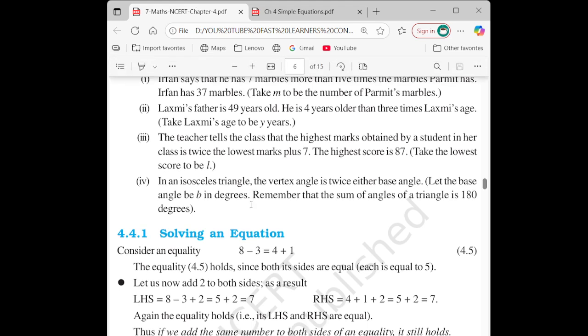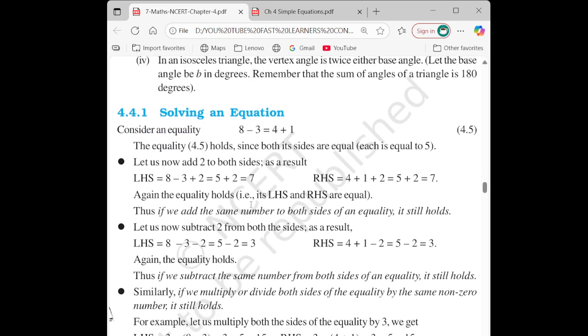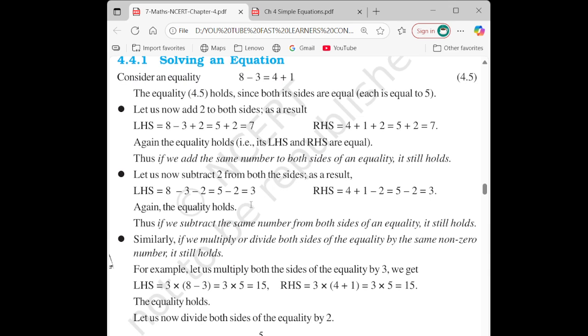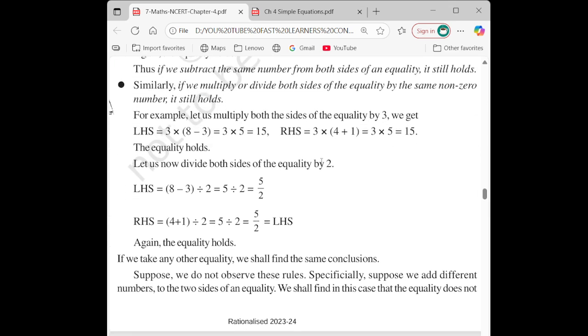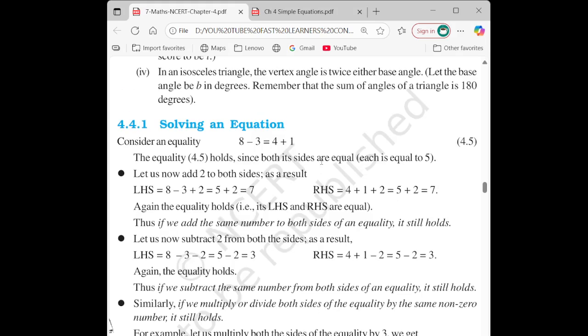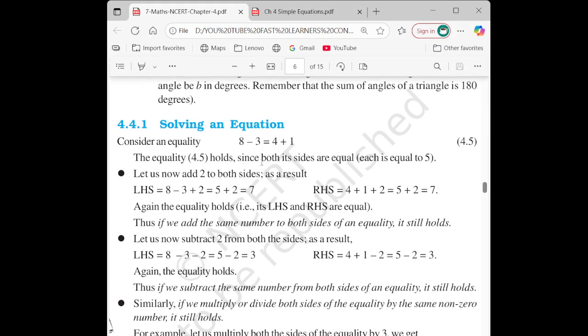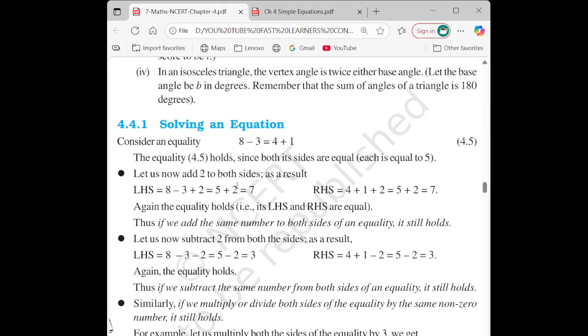Let me explain furthermore. Now see. Wherever there is a left hand side and right hand side, one way of finding the answer is that you can put in values of the variables. There is one more method. Suppose there is an equal to sign, and on the left hand side a plus number is given.